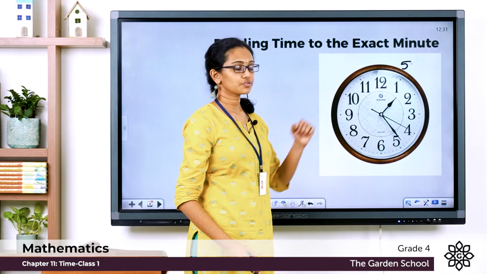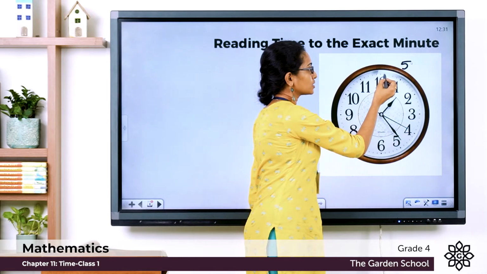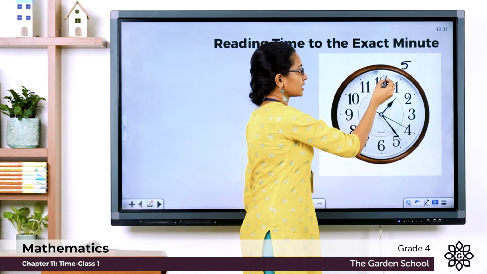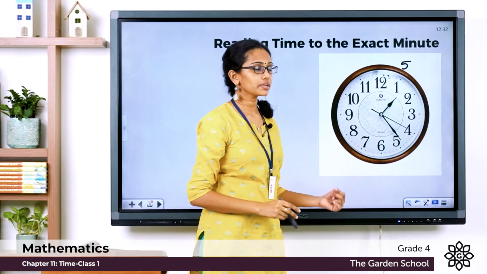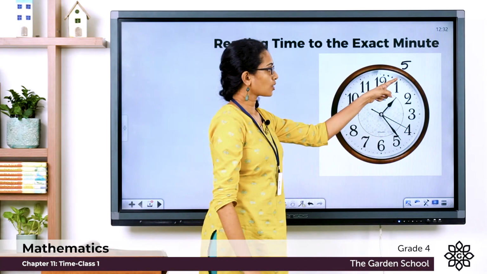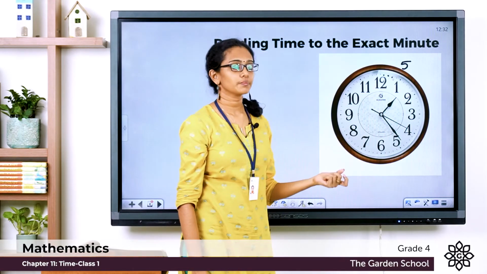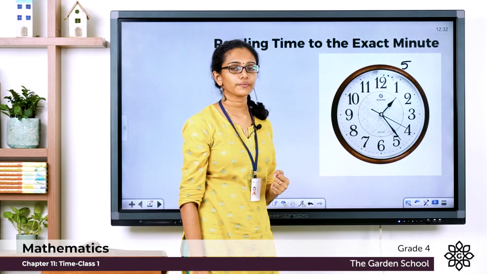The first division after 12 is 1 minute. Then the second division means 2 minutes. The third division means 3 minutes. Then 4 minutes, and at 5 minutes it is on number 1. The needle will be pointing to 1.